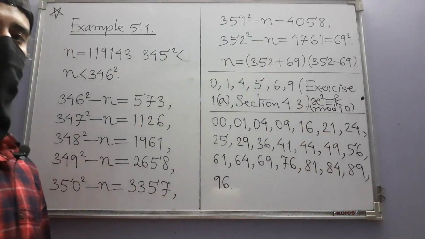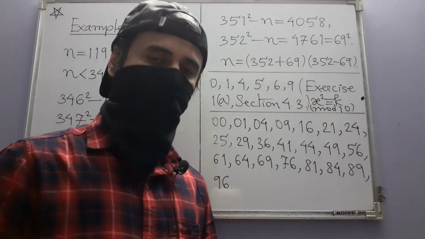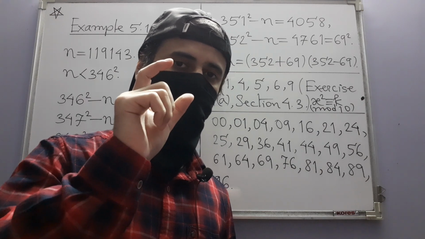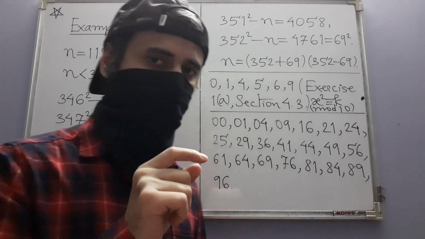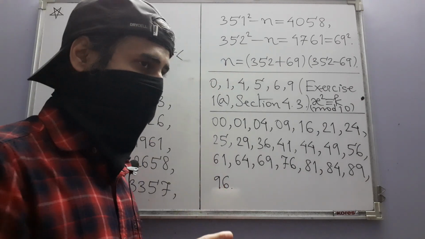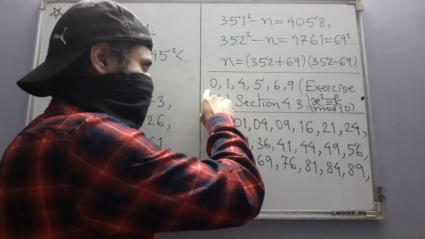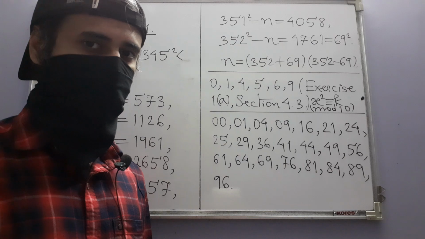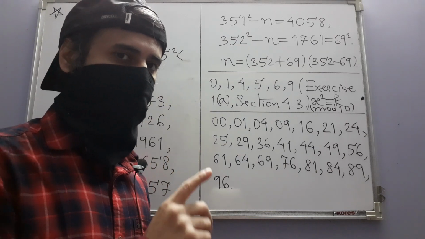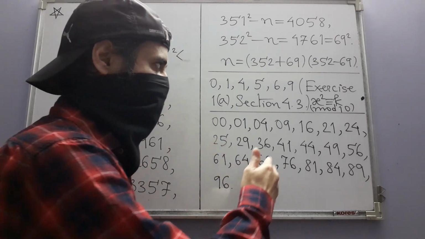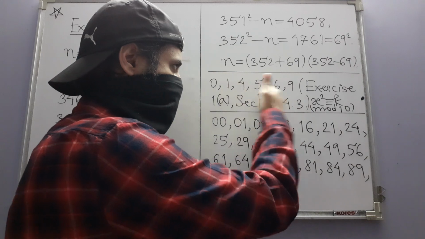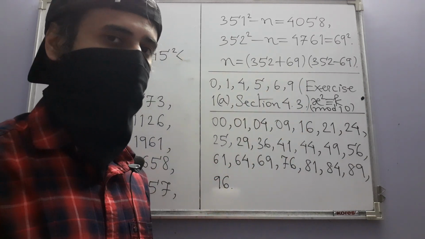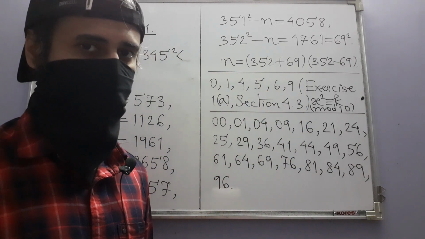What does it mean? It means that if a number is a perfect square, then its last digit has to belong to this list, has to be one of these numbers. But it doesn't say that if the last digit of a number is one of these, then that has to be a square. No, the converse is not true.